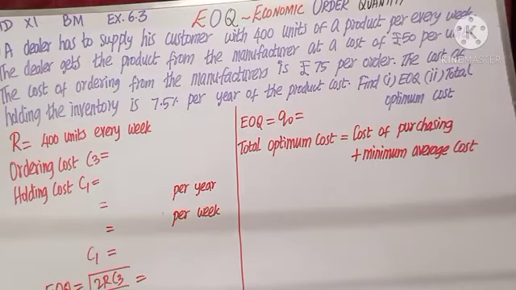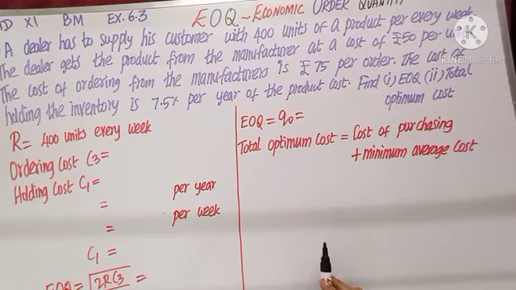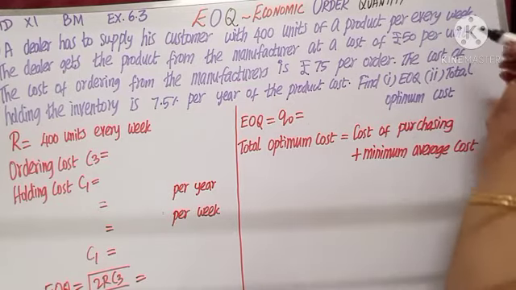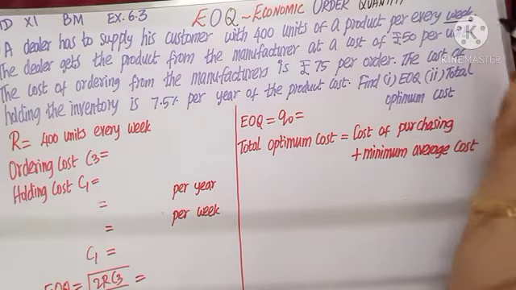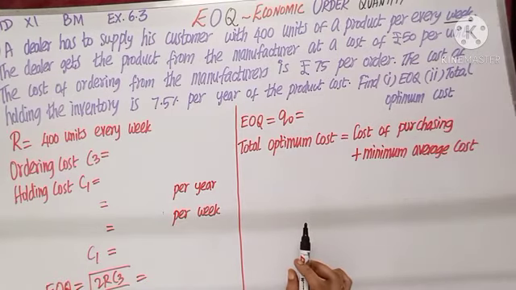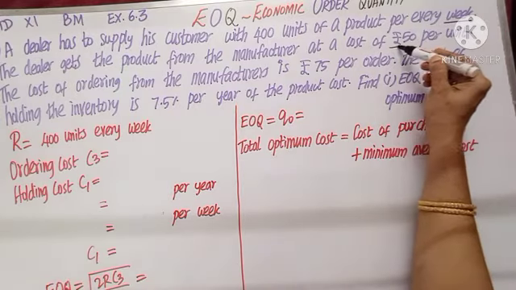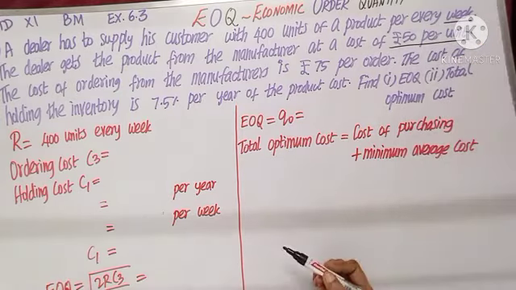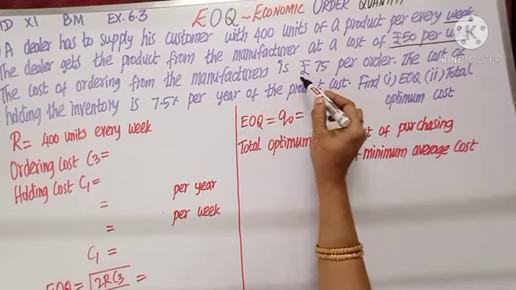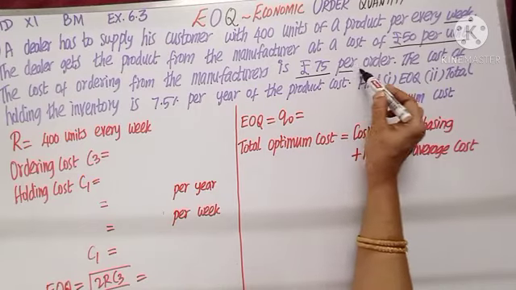Second question. A dealer has to supply his customer with 400 units of a product every week. Notice the time, it is every week. The dealer gets the product from the manufacturer at a cost of rupees 50 per unit. The cost of ordering from the manufacturer is 75 per order.